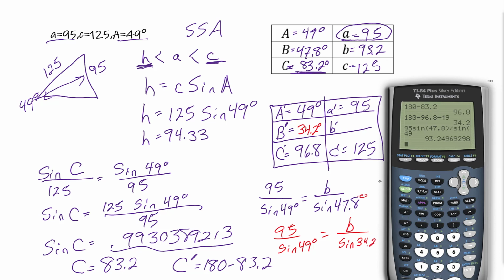So we'll do this process again. 95 sine 34.2, close parentheses, divided by sine 49. And that gives us a side that's 70.75, or let's go with 70.8.